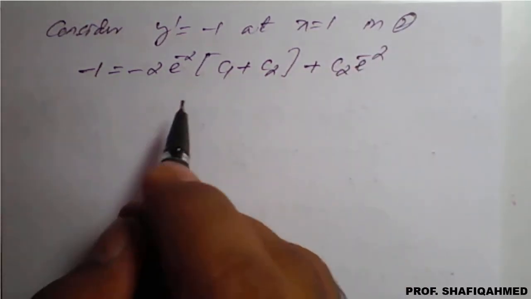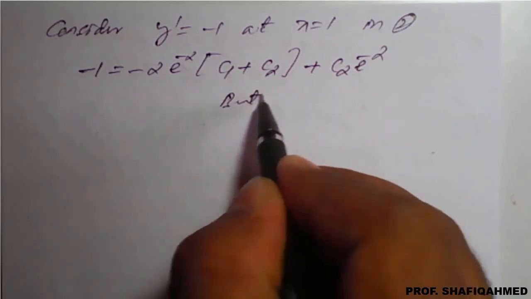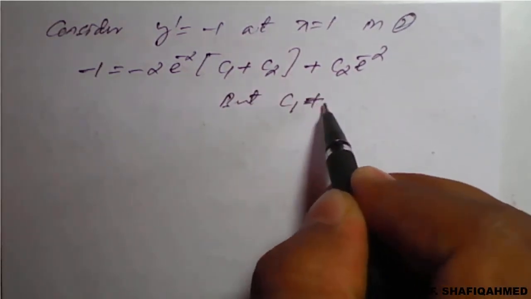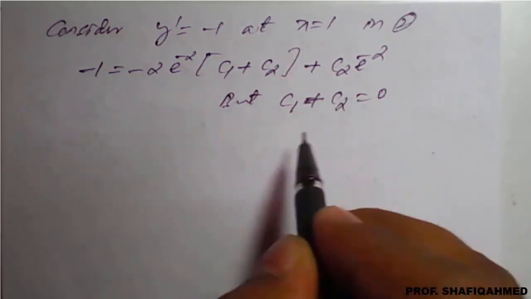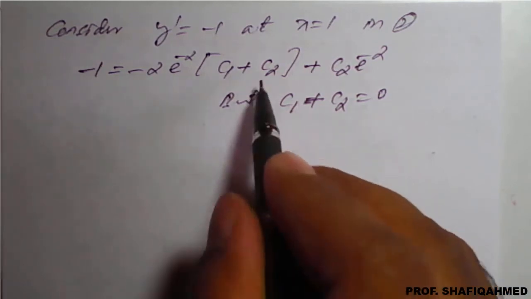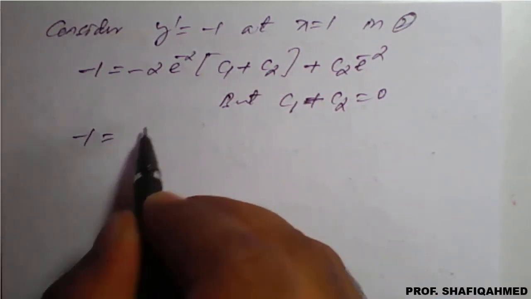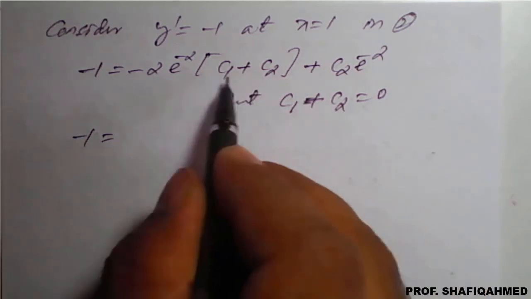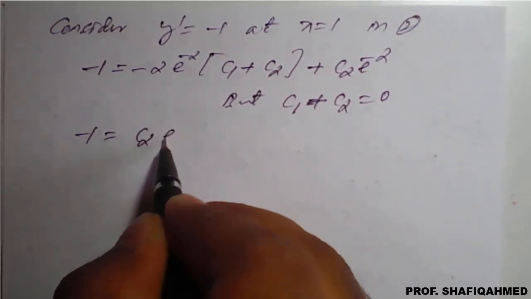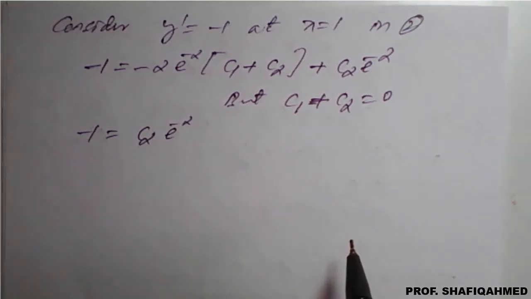So if you simplify, already we got c1 plus c2 equal to 0 from equation 1. So we apply here, it will become minus 1 is equal to, c1 plus c2 is 0, means 0 into this entire thing is 0. So we will get c2 into e raised to minus 2.